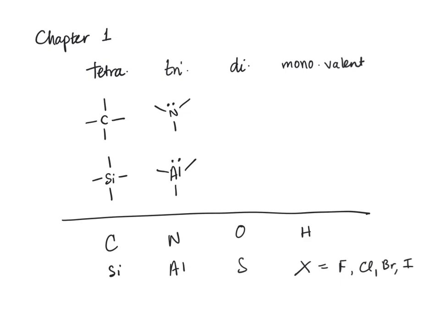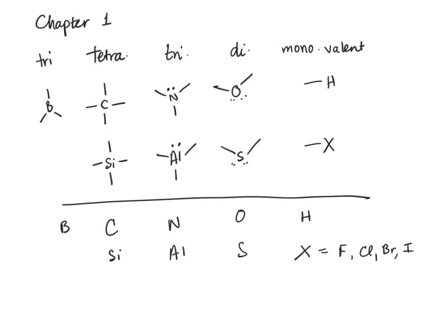If we take one step back, we also have a trivalent system with boron, although it has no lone pairs. So there's your basic setup for the elements that we're going to need to use in this course.